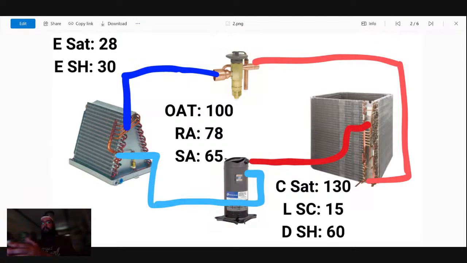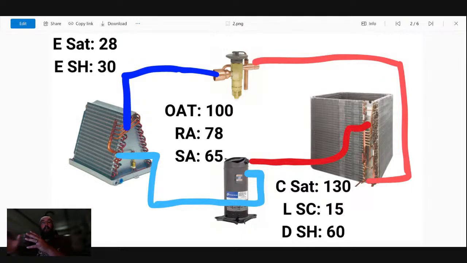So if you're graphing your evap saturation and your superheat, then when that graph settles out and it stops swinging up and down dramatically, which you'll see it do, that's when you know you've actually gotten a good flat line on your superheat at the valve with the new adjustment.